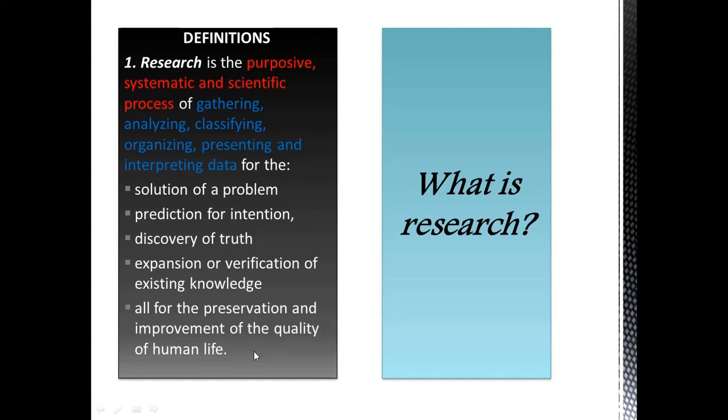It is for the preservation and improvement of the quality of human life. Because when things are developed, when systems are developed, and they continue to be developed, the presumption is that the quality of people's lives becomes higher.